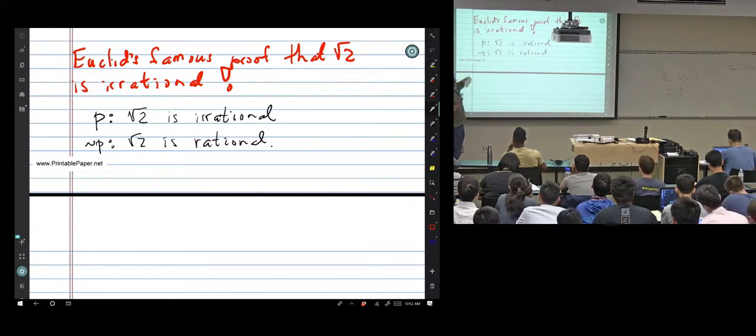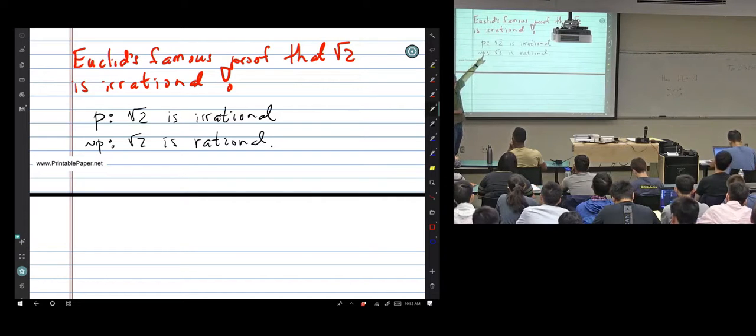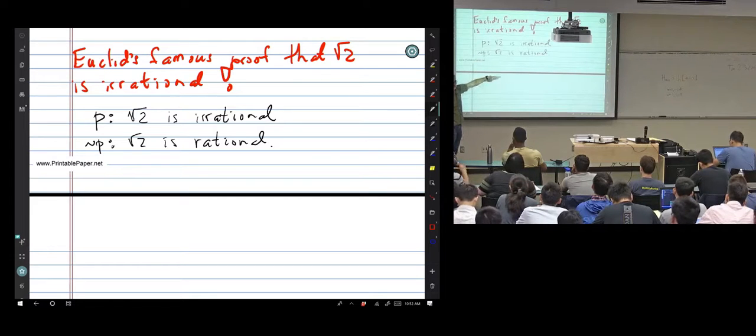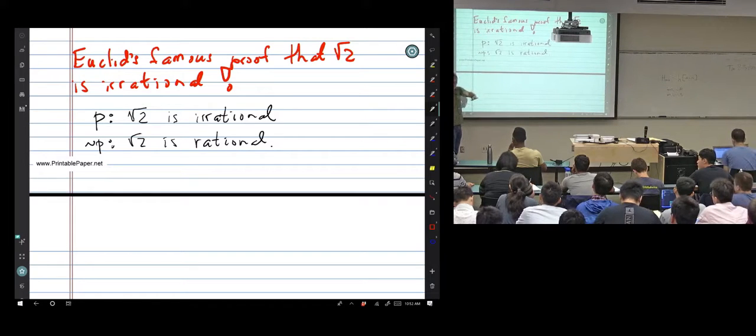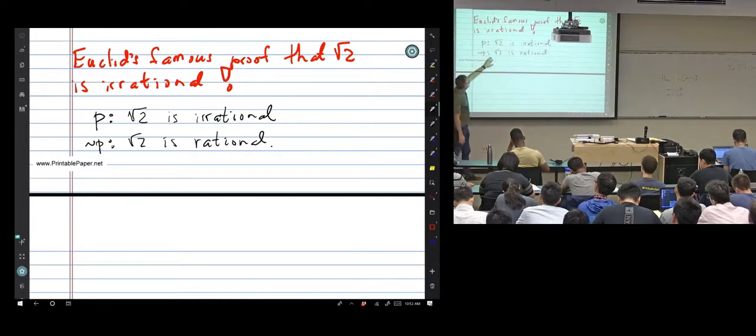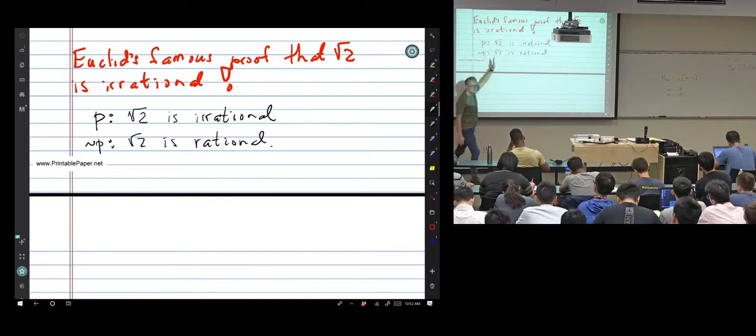So, our strategy is we assume not P. We're going to arrive at a contradiction. Hence, not P has to be false. Okay? True statements cannot lead to contradictions. That's how logic works. Okay? False statements can lead to anything. We understand that, okay, in this day and age, okay? False statements can lead to anything. So we're going to assume not P, square root of 2 is rational, and deduce that that is false, and hence P is true, okay?